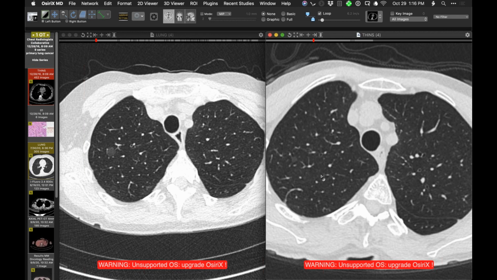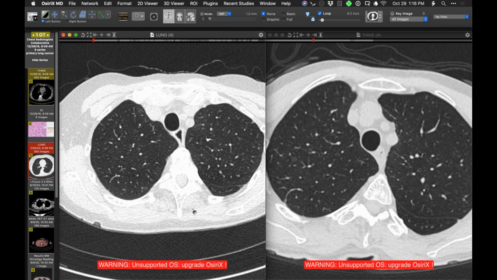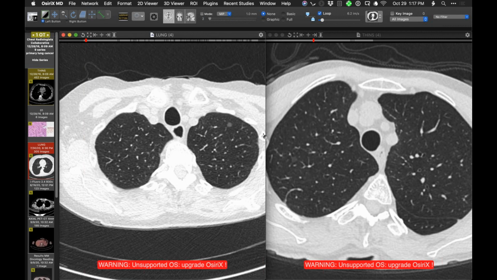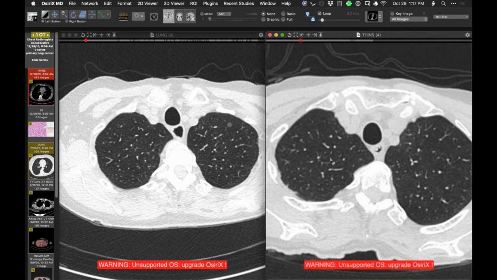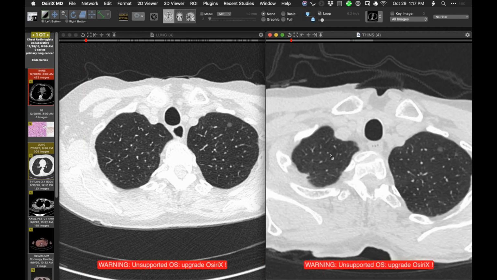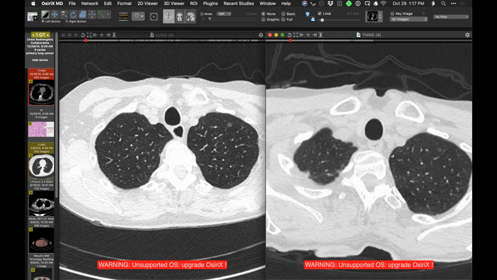So what followed that, I will show you in a moment, was a CT guided biopsy of this, a PET scan, and subsequently a lobectomy. Now, I might as well tell you, for example, that there's another one right there. It's smaller than the other one, but it too has increased just slightly over 4 years.